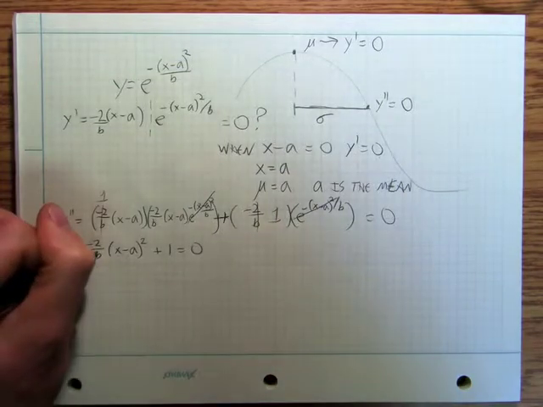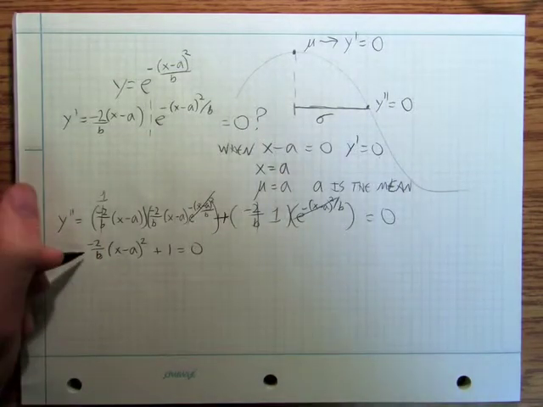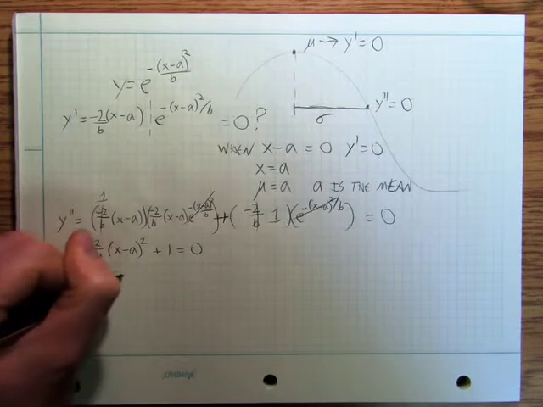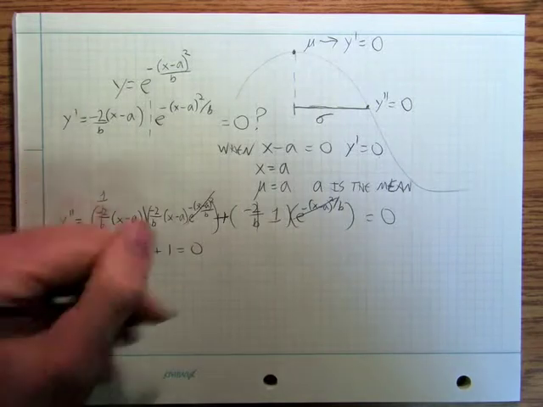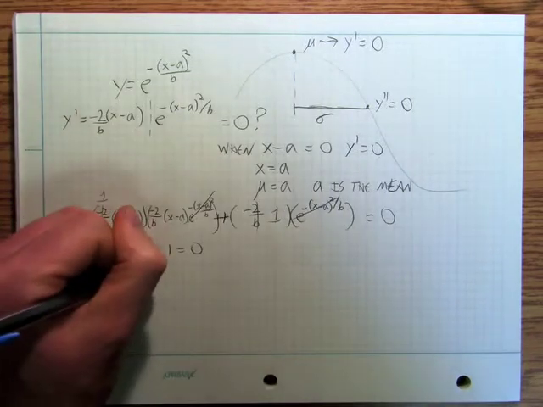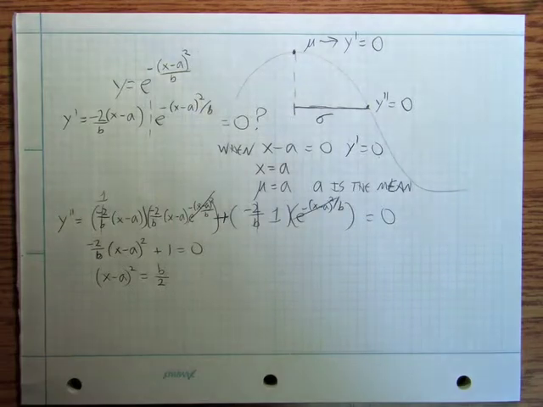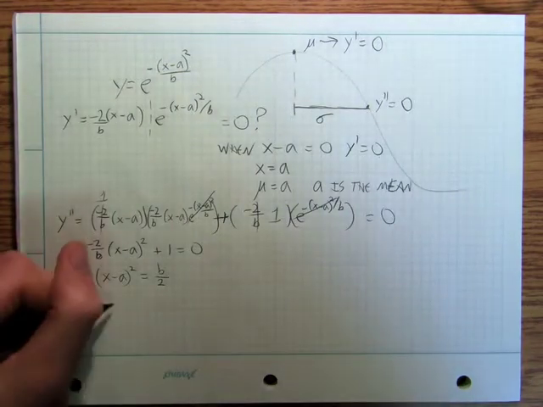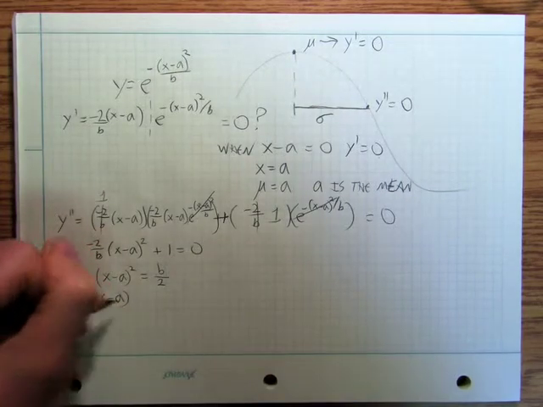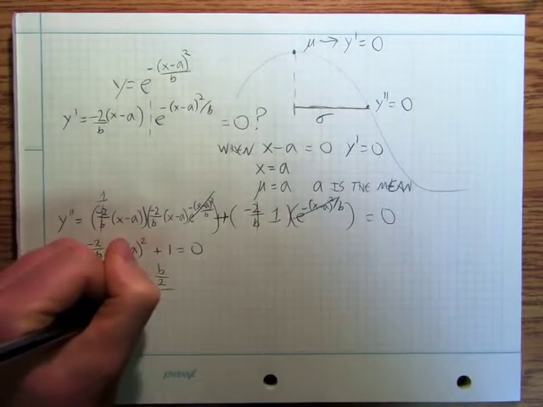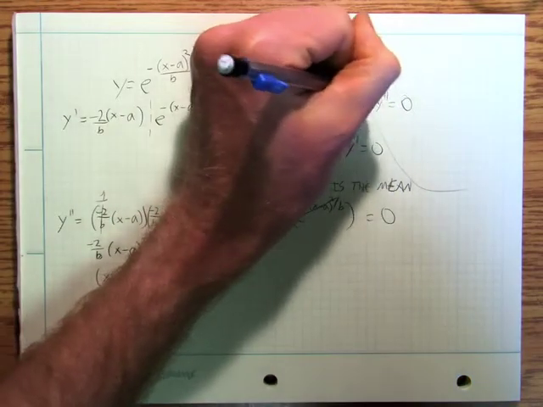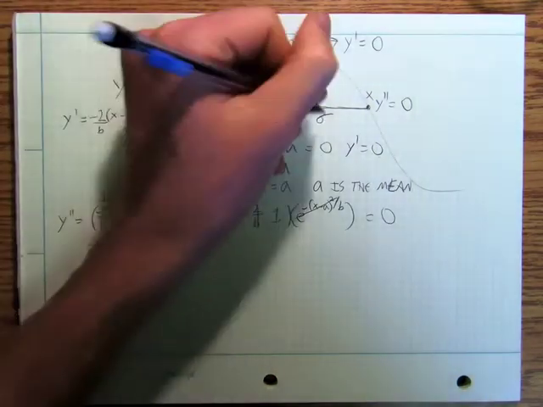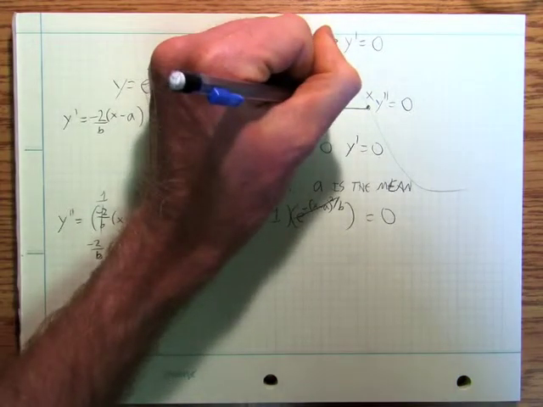So I'm going to say (x minus a) squared is equal to, switching that around, b over 2. That's what I got. And so then x minus a is equal to the square root of b over 2. Here's my x, here's my a, so this is x minus a.